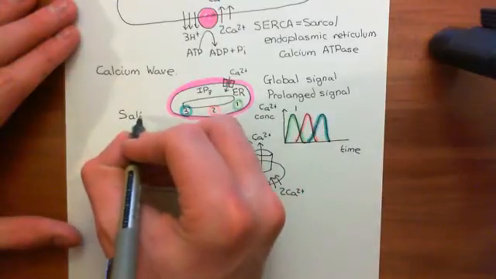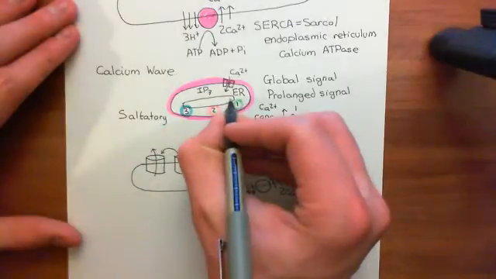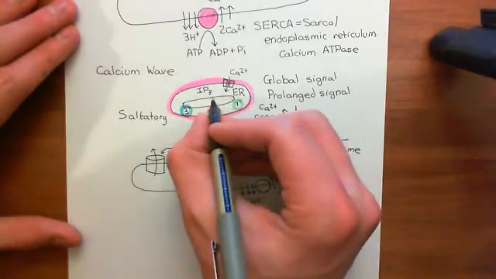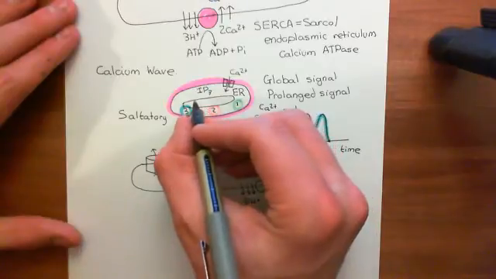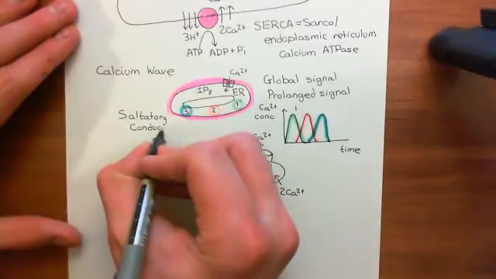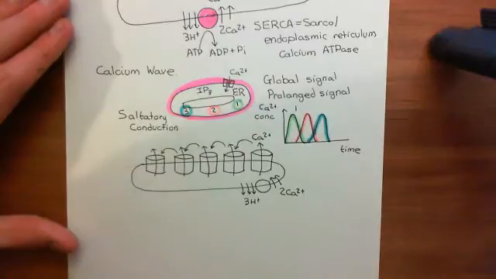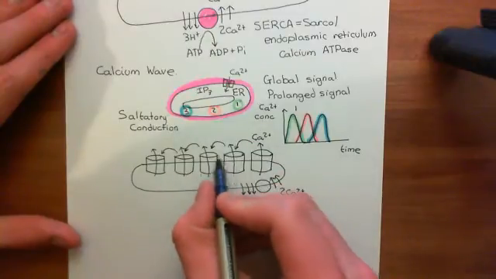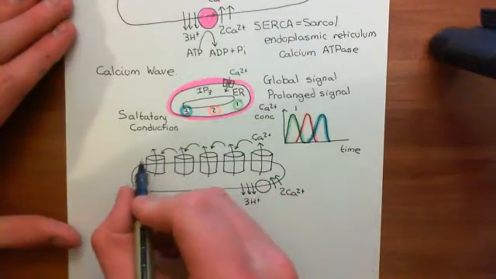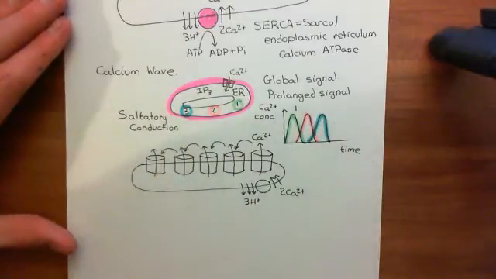And that phenomenon of a signal here causing a signal there, causing a disturbance there, etc., is called saltatory conduction. Okay, so saltatory conduction doesn't just refer to action potentials. It refers to the idea that a disturbance here can cause a disturbance there, and that's how we can propagate this signal forward.